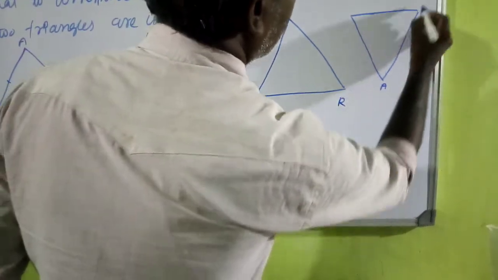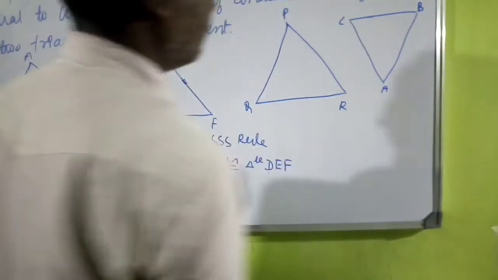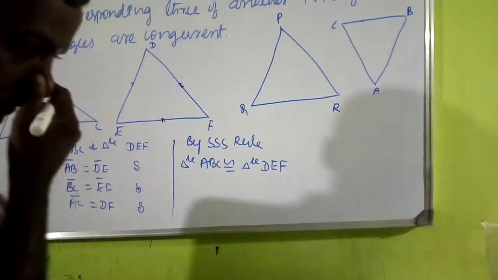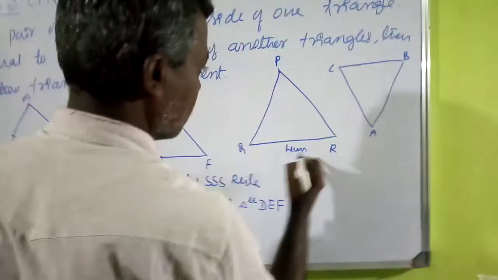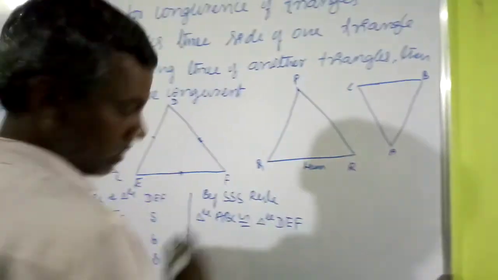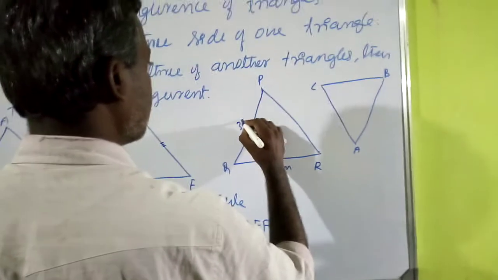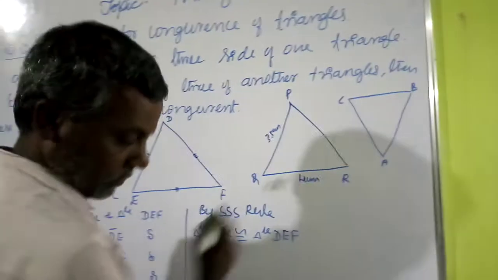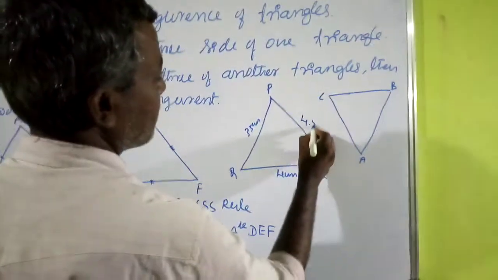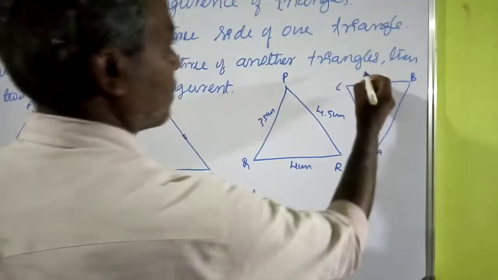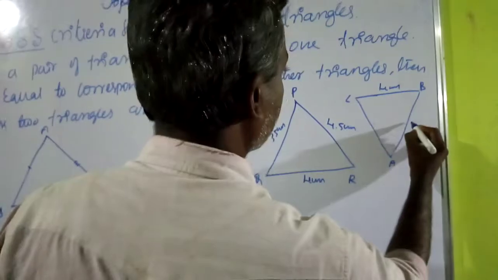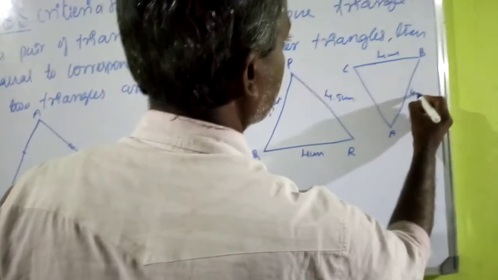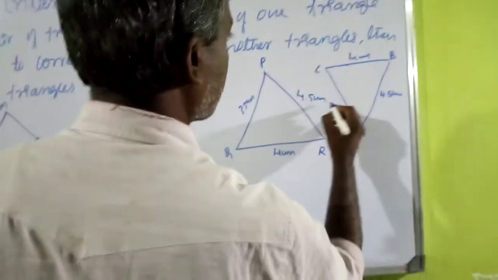This is A, B, C. In this, one side is around 4 centimeters, another is 3.5 centimeters, another is 4.5 centimeters, this is 4 centimeters, this is 4.5 centimeters, and this is 3.5 centimeters.